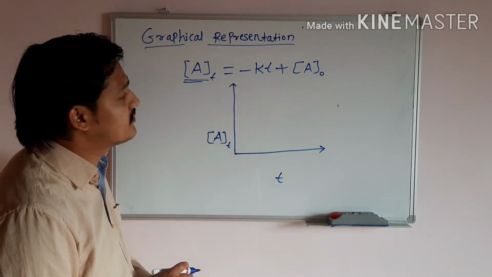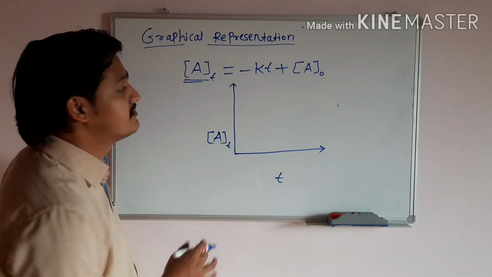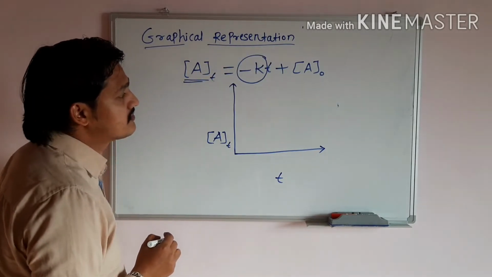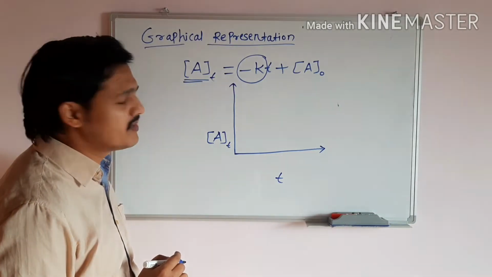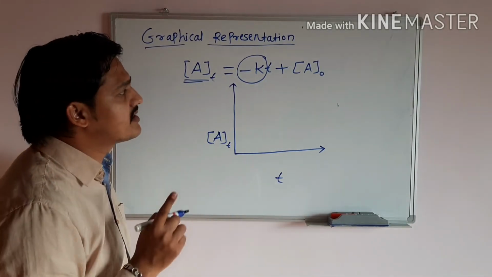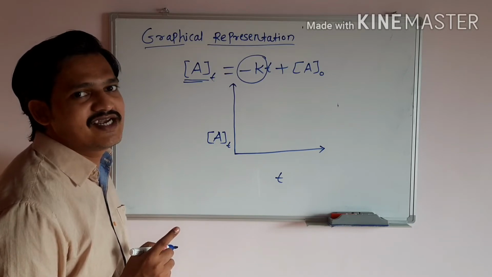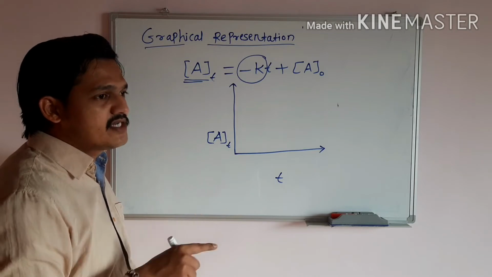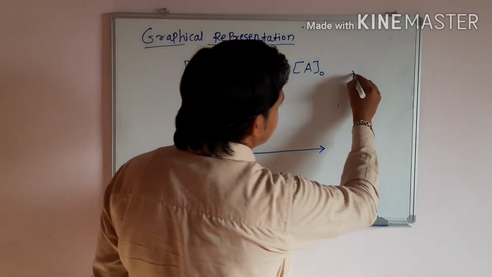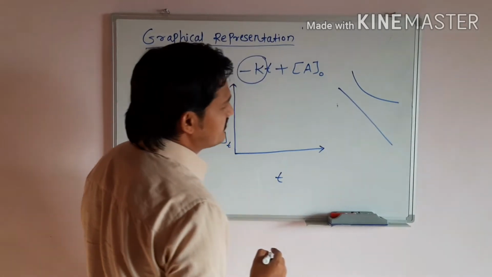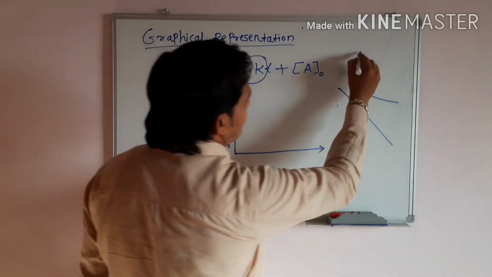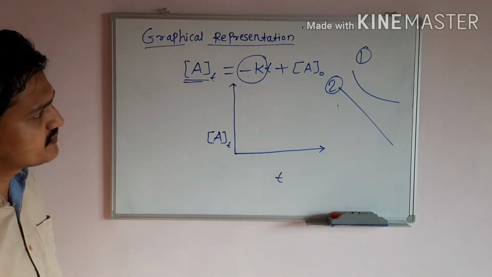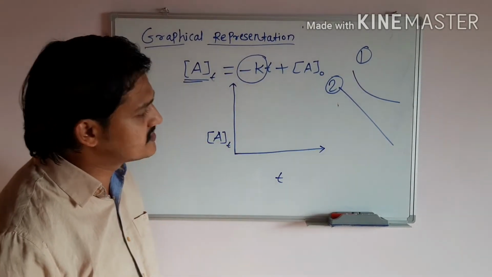We have to focus on the value of slope, that is m, which is indicated by negative K. So the slope must be negative, hence the graph must be in a decreasing direction. Which one is correct, number first or number second? Does it decrease exponentially or as a straight line?